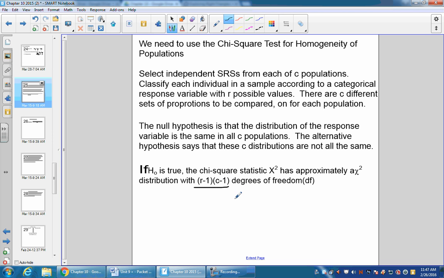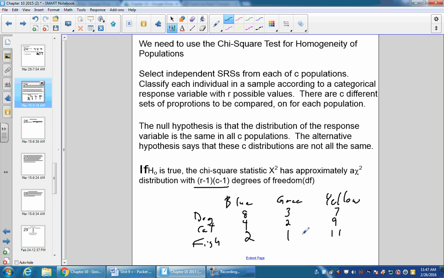So if I have a matrix, say blue, green, yellow, and dogs, cats, and fish, and I'm filling in these values: 8, 4, 2, 3, 2, 1, 7, 9, 11.